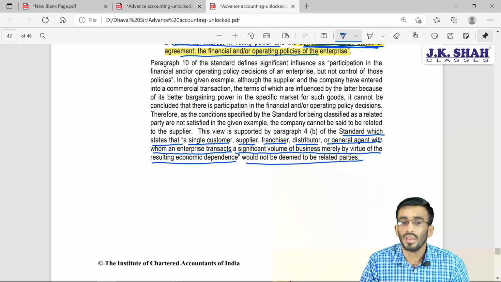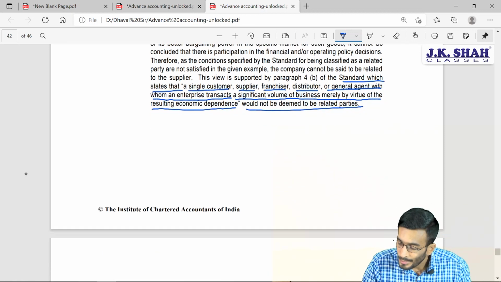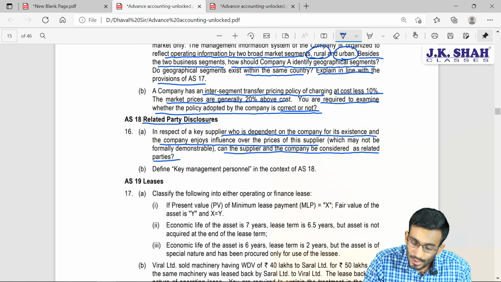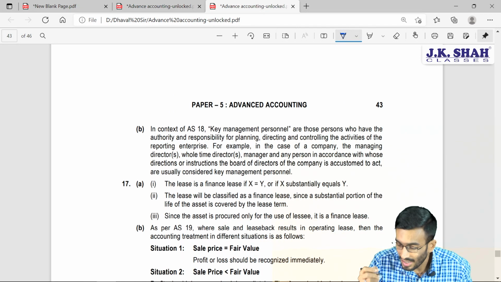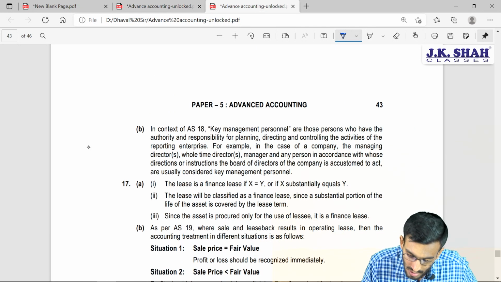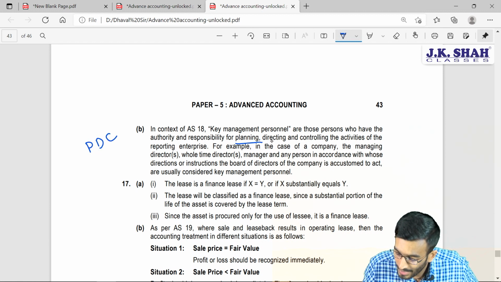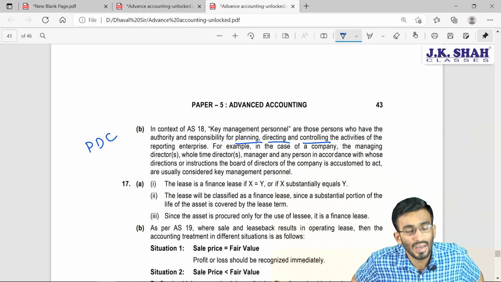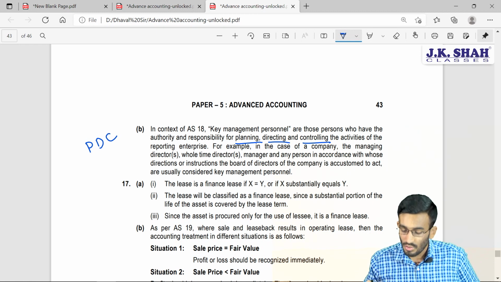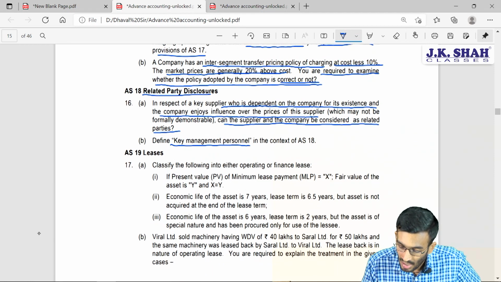So this is given in the exception part. Next, define key management personnel. See, if it comes in the exam, you just have to remember PDC rights. What are the PDC rights? Planning, Directing and Controlling. The one who has PDC rights will be considered as key management personnel. So based on that you can write the answer.